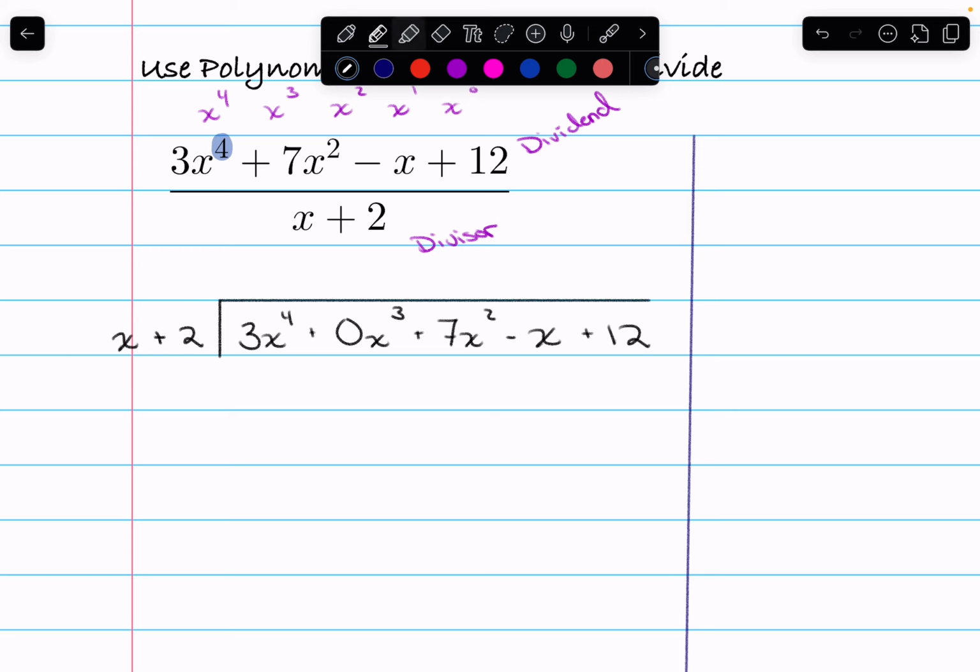All right, now what we're going to do is we're going to do 4 steps, and we are going to just repeat those 4 steps for every piece underneath our sign, for every piece of our dividend.